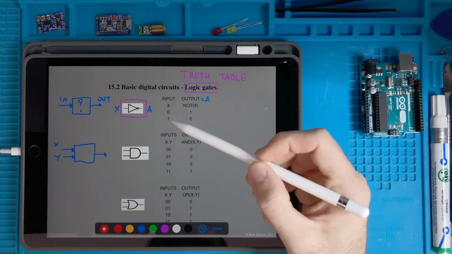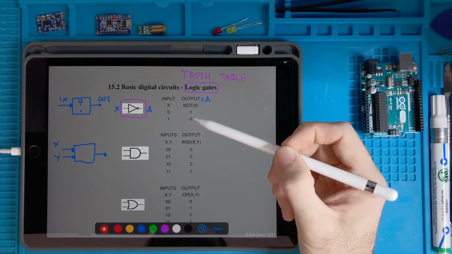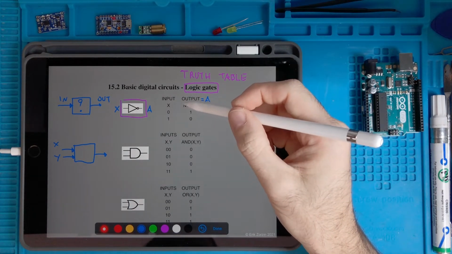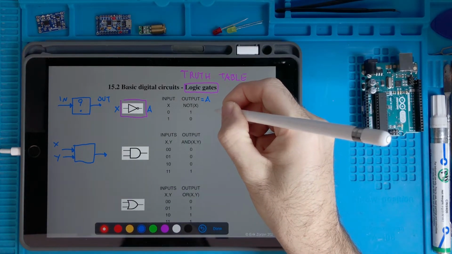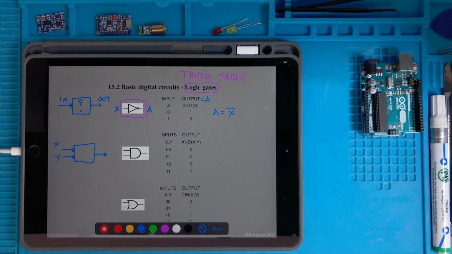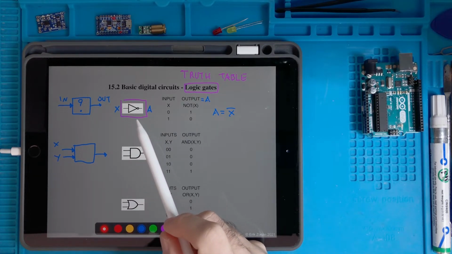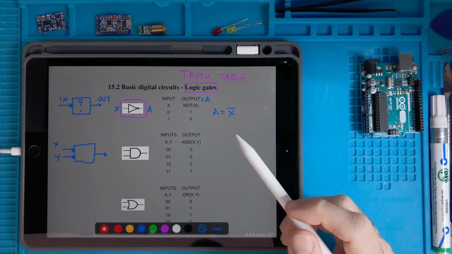If the input is 1, we want the output to be 0. So this corresponds to the NOT operation. So let's say A would be equal to X naught. Such a circuit, if it exists, will calculate these things. Very elementary calculation.